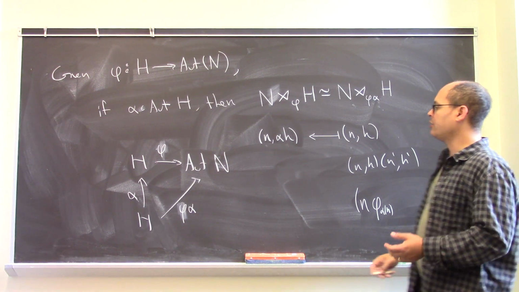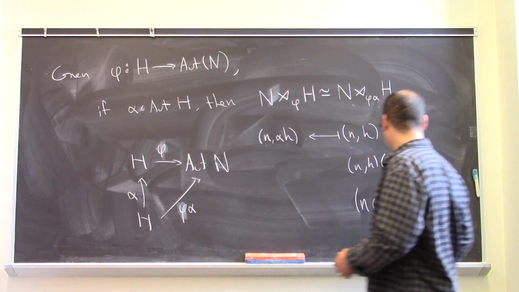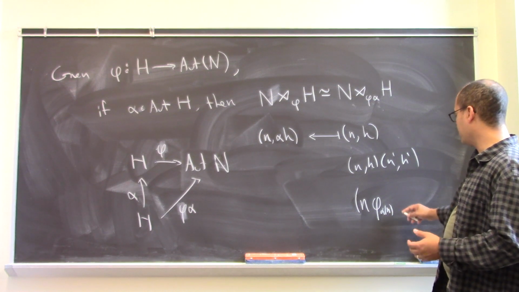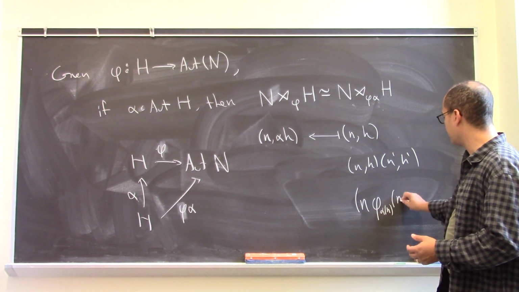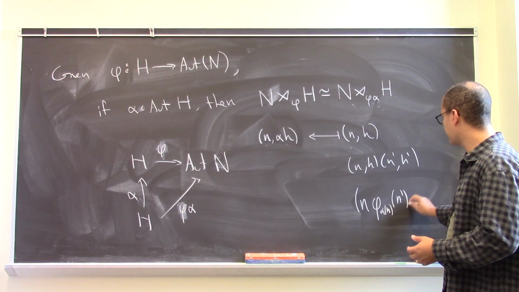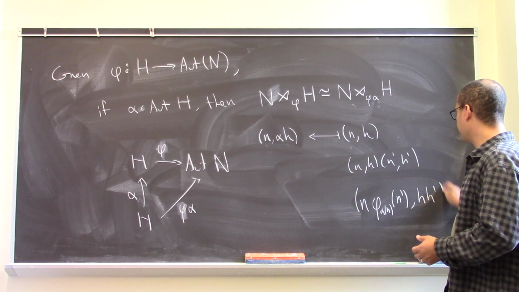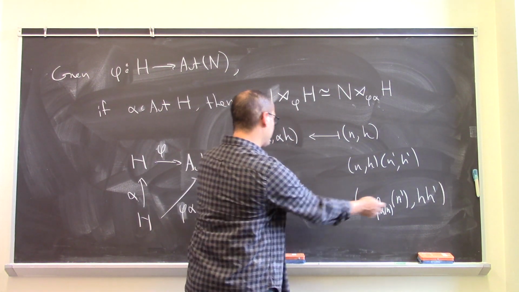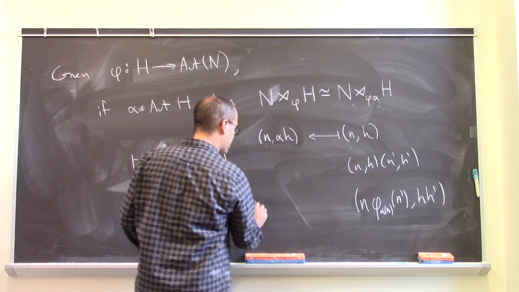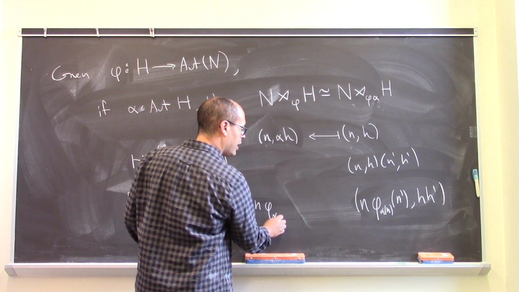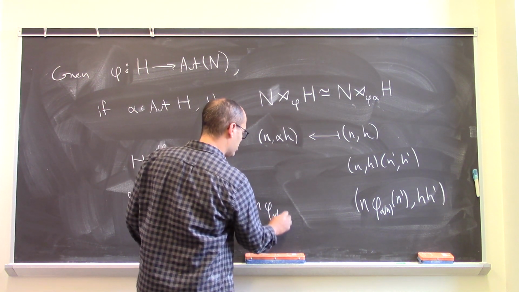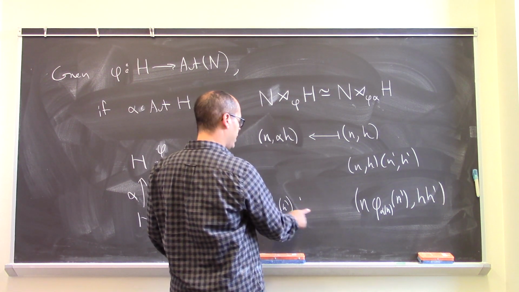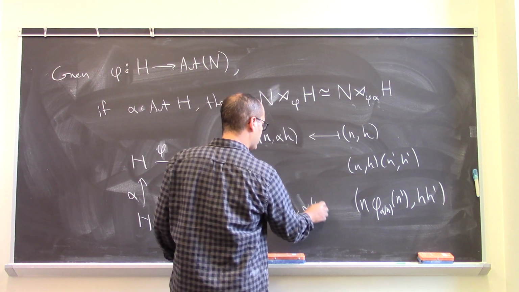That's the automorphism given by the group element alpha of h, and I apply that to n prime, and then that's h h prime. On the other hand, I can map this thing over here, where I would get n times phi alpha h of n prime. And then I have to apply alpha to the other guys, so I get alpha of h h prime.